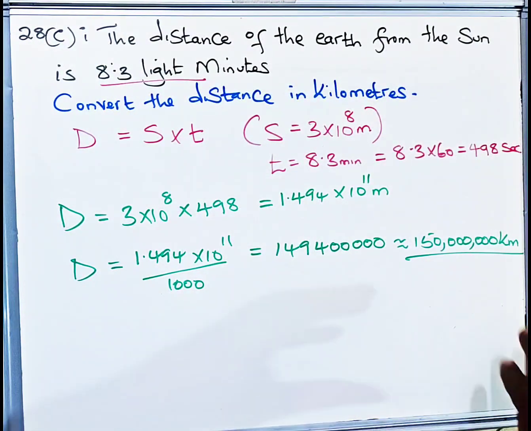This is the approximate distance of the Sun from the Earth.